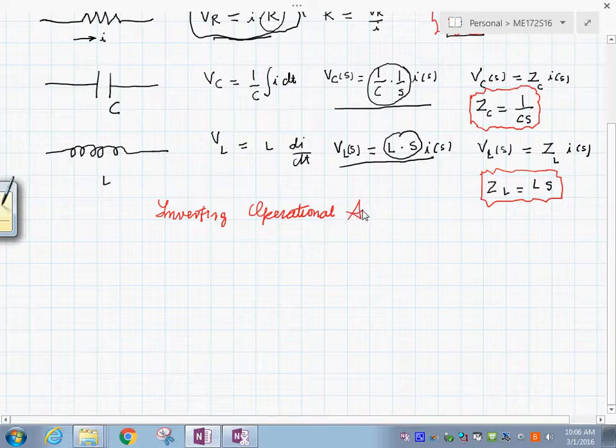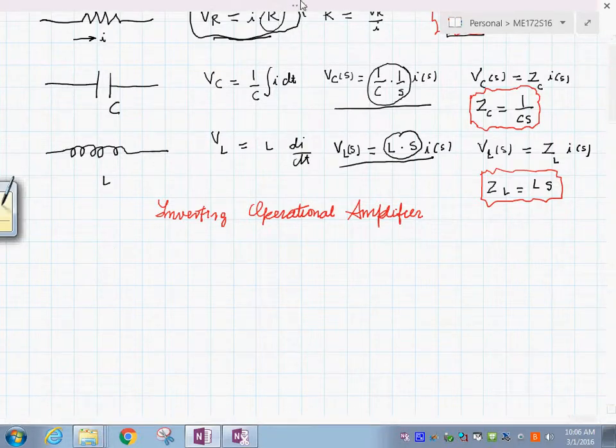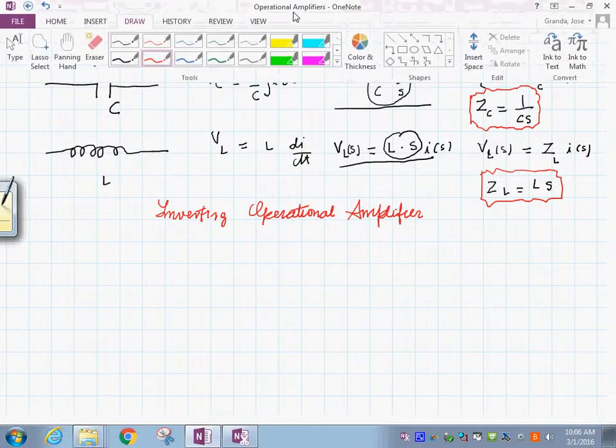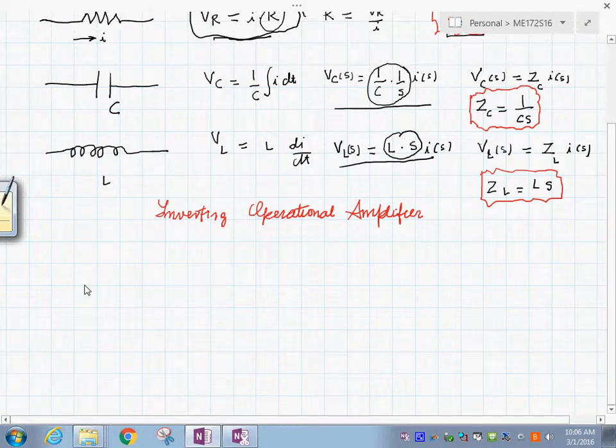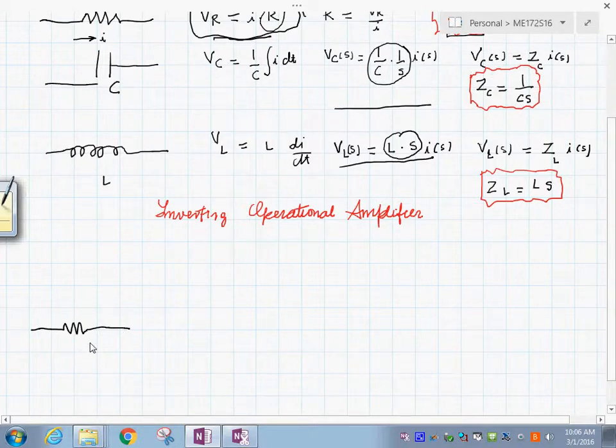So in here we're going to say that you have a resistor here, and in here you have also a resistor like this, and then down here you have an operational amplifier that actually looks like this.